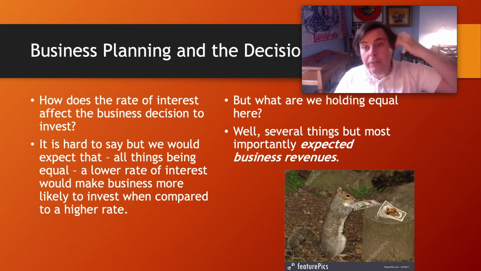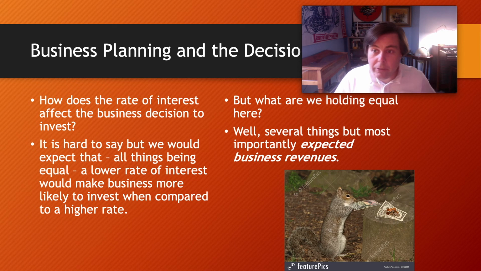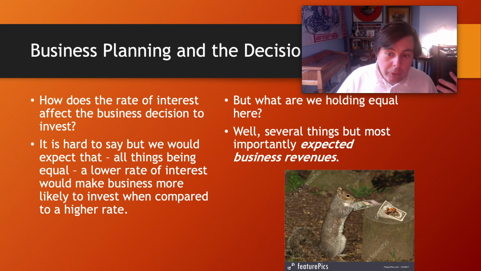How does the rate of interest then impact that decision? As we saw over the last series of lectures, the rate of interest is the time price of liquidity, so the price of liquidity today in terms of liquidity in the future. It's fairly straightforward to say that the lower the rate of interest, effectively the cheaper it is to invest today, both in terms of direct costs, the price to actually get the capital, but also in terms of the opportunity cost associated with the capital.